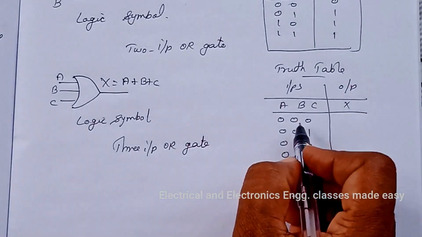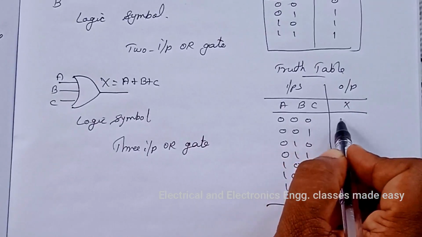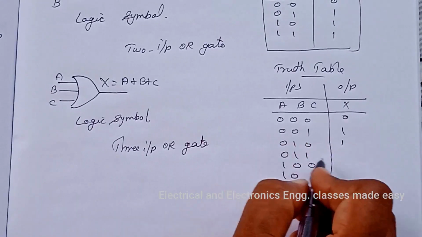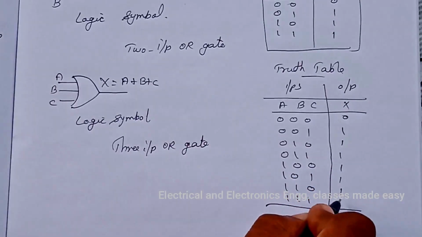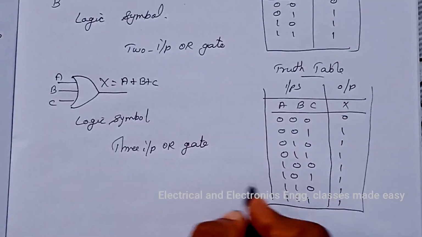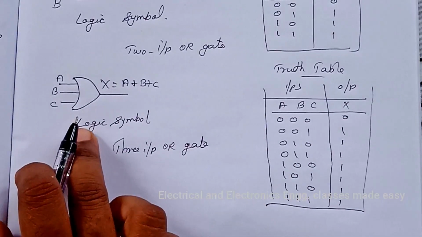So the output is 0 when all the inputs are 0, and in all other cases the output is 1. So this is the truth table of the 3 input OR gate and this is the logic symbol.